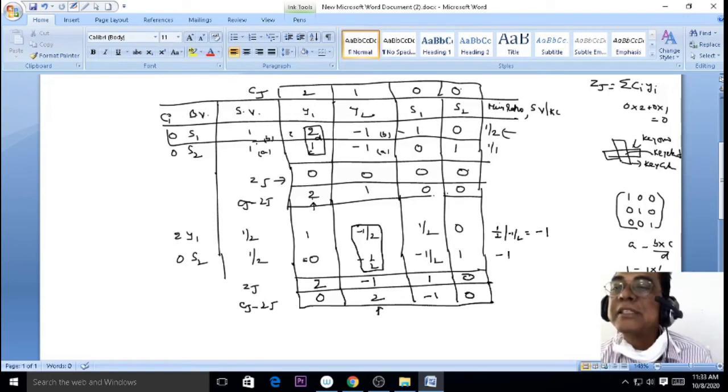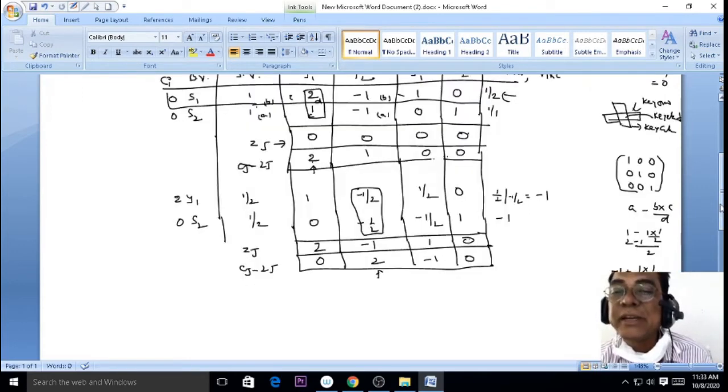So write down a simple statement. What is the statement here?